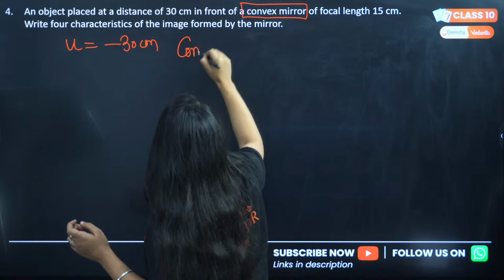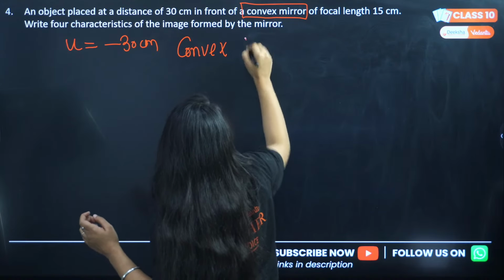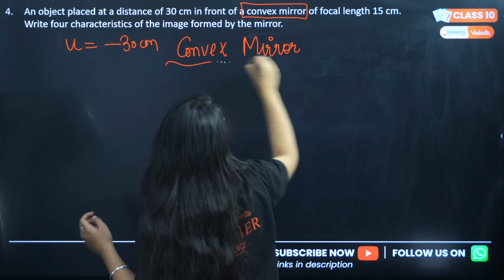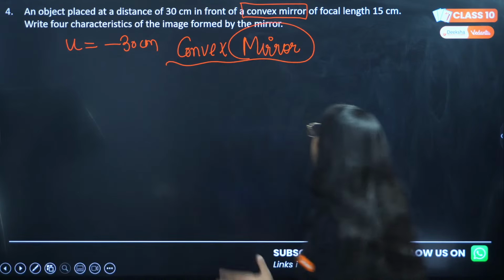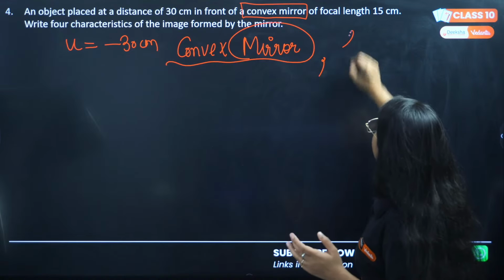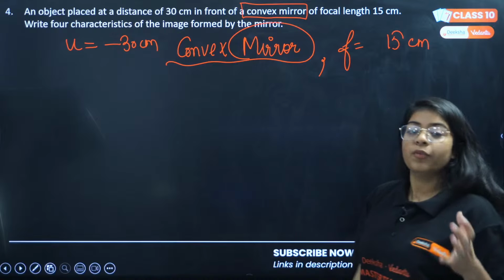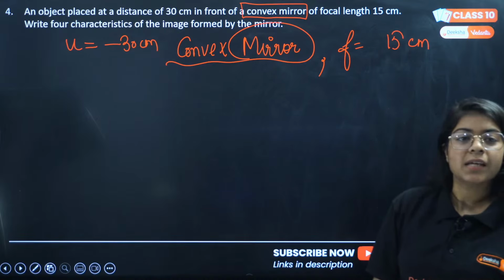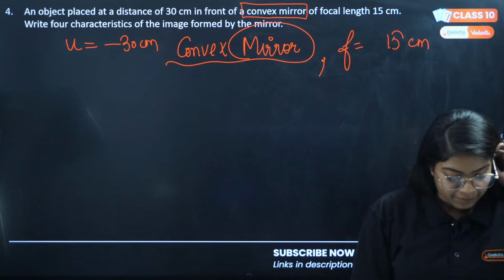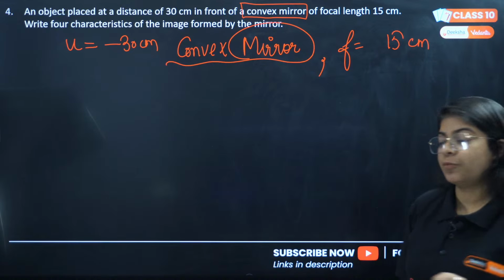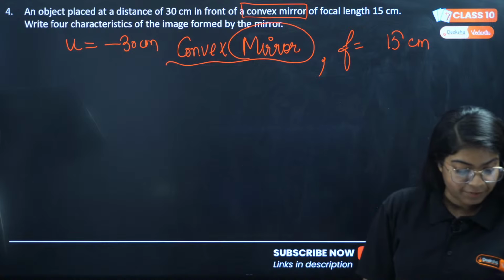Remember always which kind of mirror or lens is given, and see carefully if it's a mirror or a lens. Now we know the focal length of a convex mirror is what? Positive or negative?